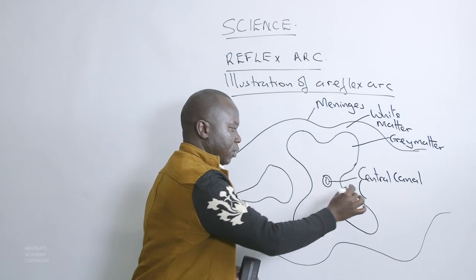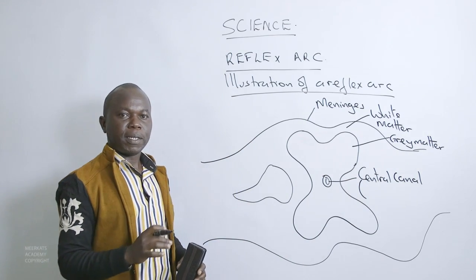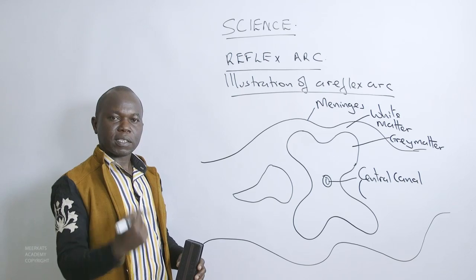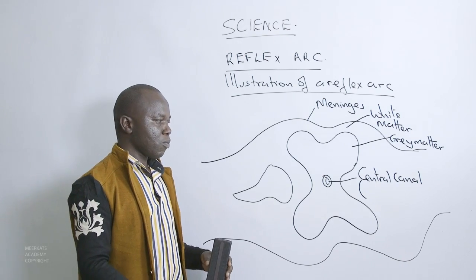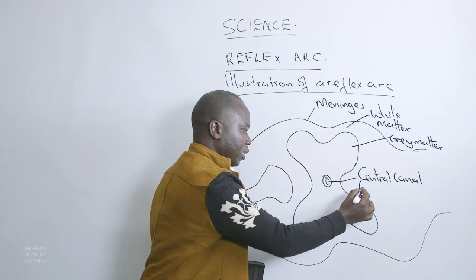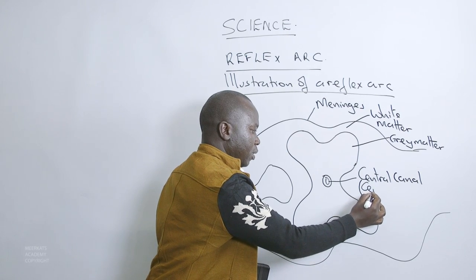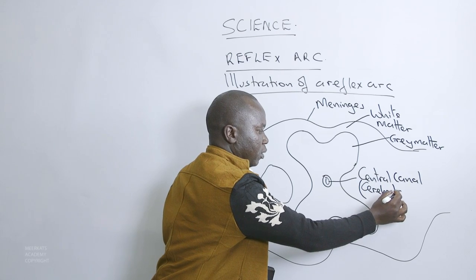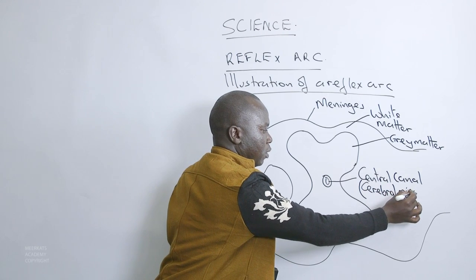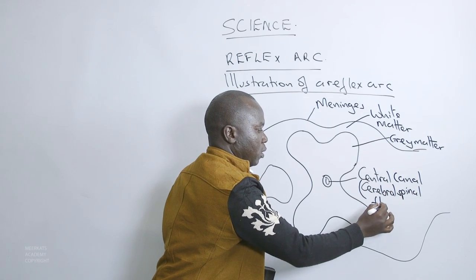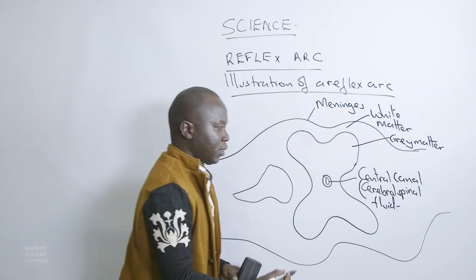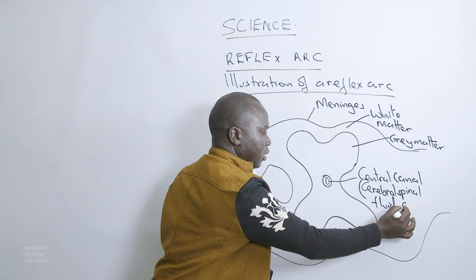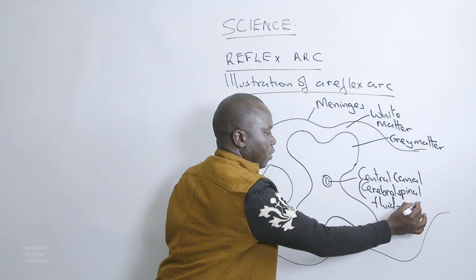The fluids that are found in the cavities of the brain extending downwards to the spinal cord, we call that fluid cerebrospinal fluid, sometimes abbreviated CSF.